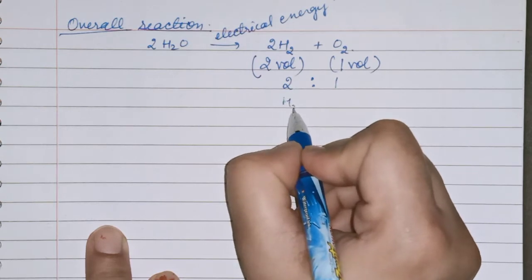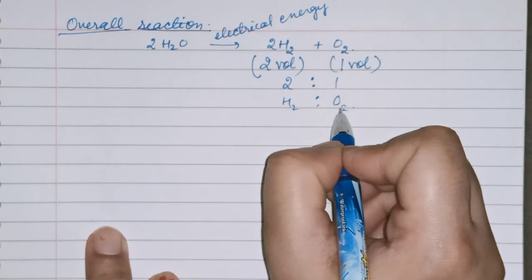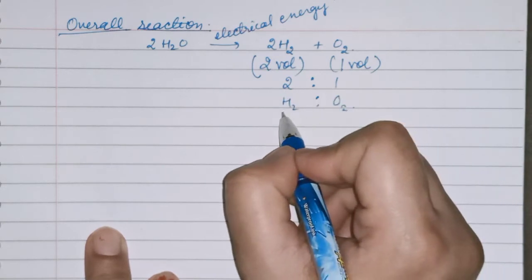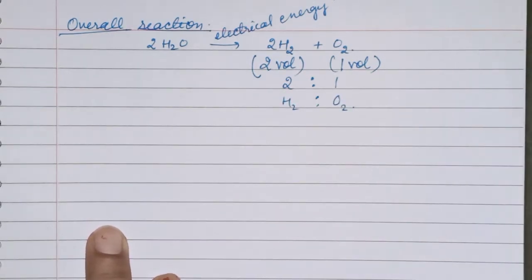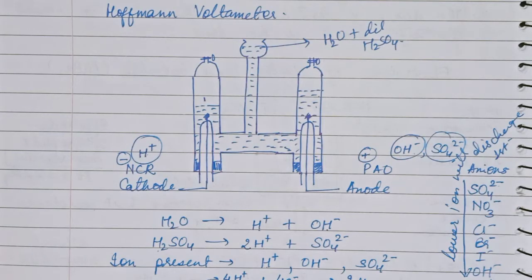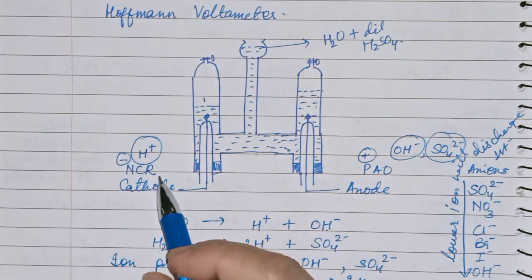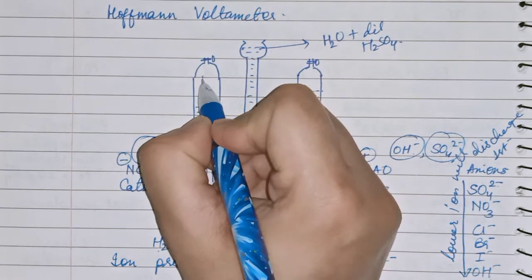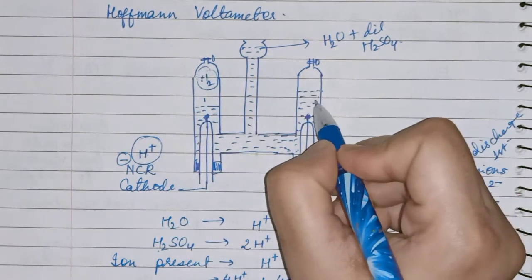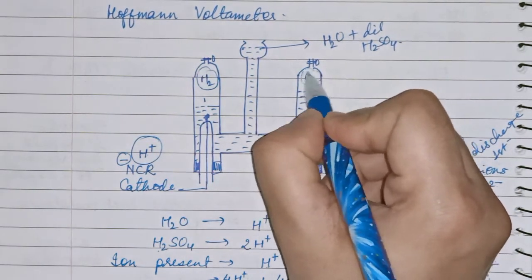Hydrogen is collected at cathode, so H2 gas is here, and oxygen is collected at anode, so O2 gas is here.